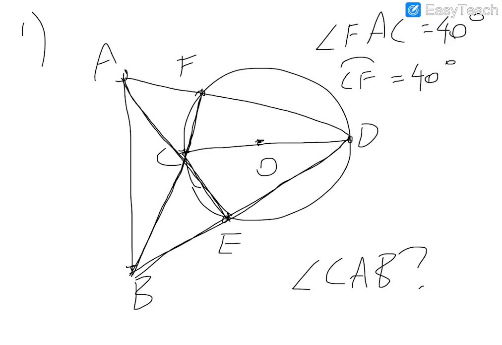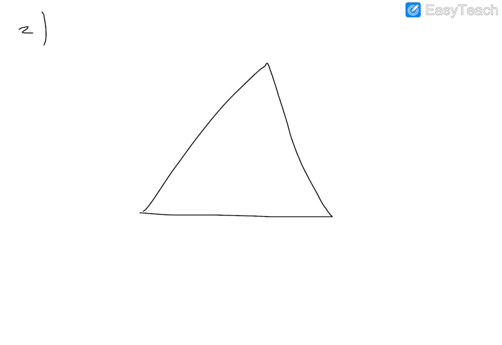And since it would be a bit boring just to give you one question, let's give you another one. I'll give you a triangle here. Triangle PRQ, or PQR if you want to go the other way. And I'll give you an angle bisector here.